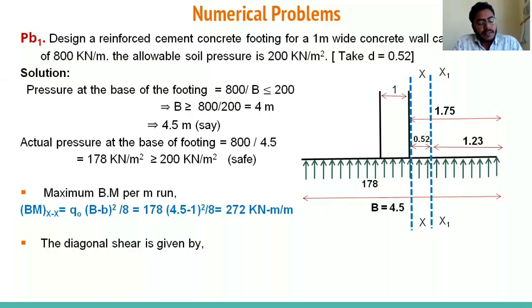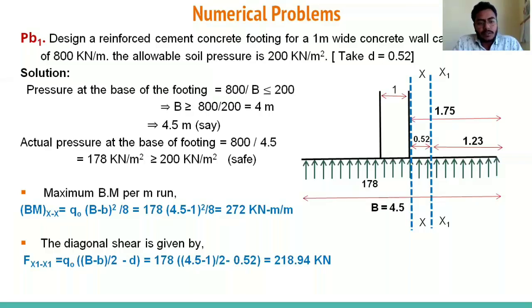Diagonal shear we can also calculate for the x1 axis. We have the formula q naught into (B minus b) divided by 2 minus d. In this case, q net won't be 200, right? Because q net is the actual contact pressure at the base of the footing, while 200 is the allowable soil pressure. If you provide 4 meter width, then q net would be 200.